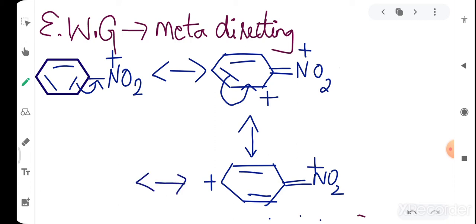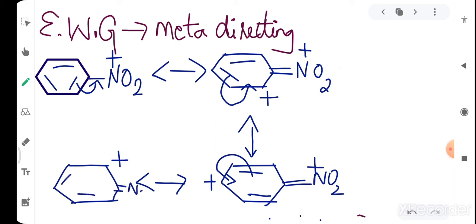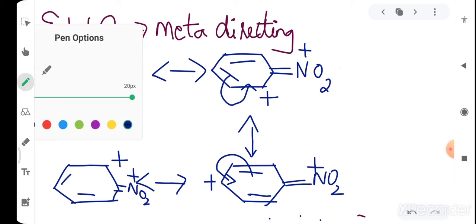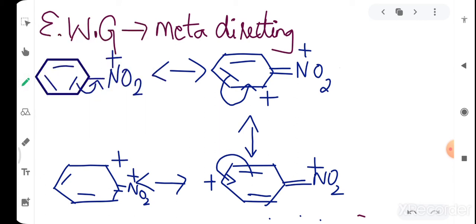Now again if this moves over here, there will be a positive charge over this carbon atom. Therefore the final resonance hybrid due to delocalization has a positive charge over this carbon atom, double bond NO2 plus.